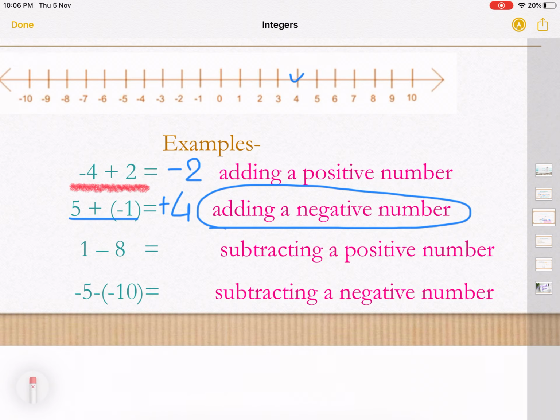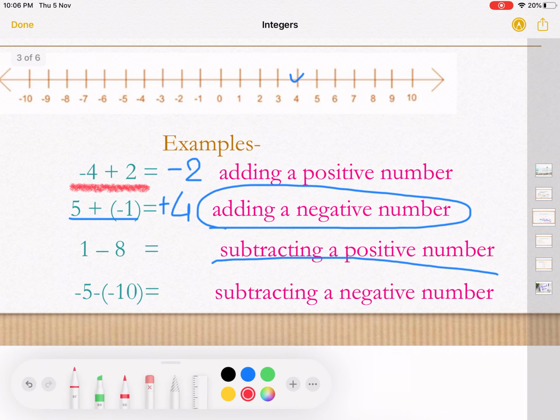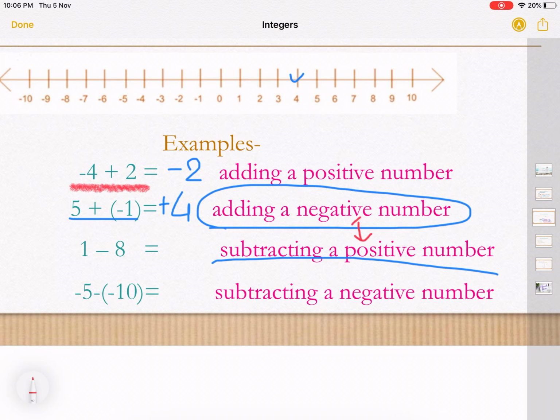1 minus 8. Now here what we are doing is subtracting a positive number. Now here we will move to the left side on the number line. Now, did you see one thing in common in adding a negative number and subtracting a positive number? Aren't they same, moving to the left side?